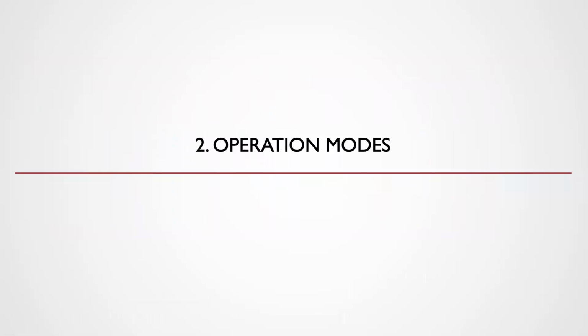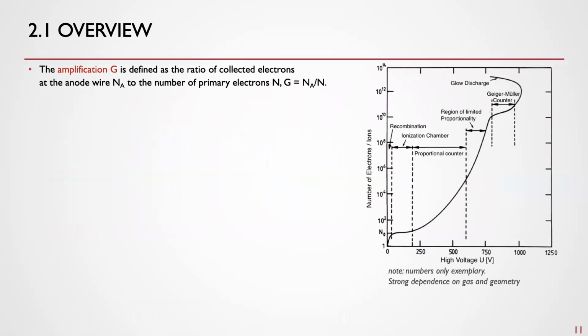Good. Now we've talked about the basics of gas detectors, in hindsight of what we discussed in a previous lecture, the interaction of particles with matter. Let's now look at the basics of the operation mode.